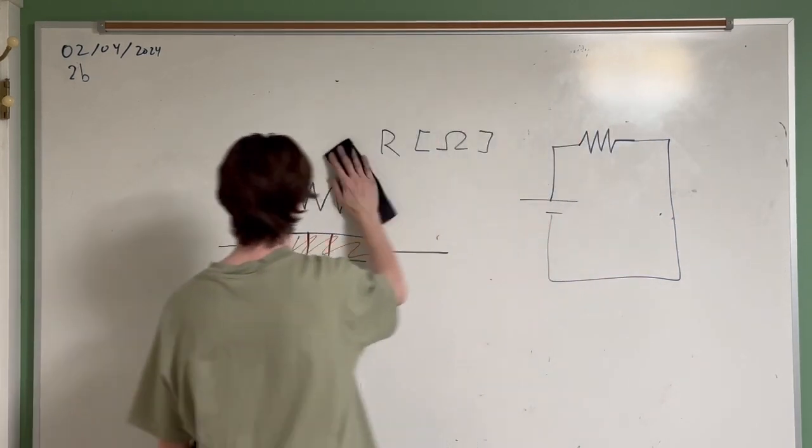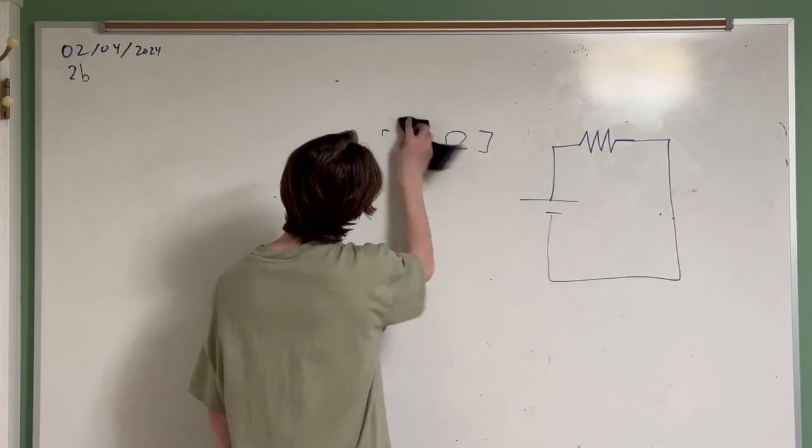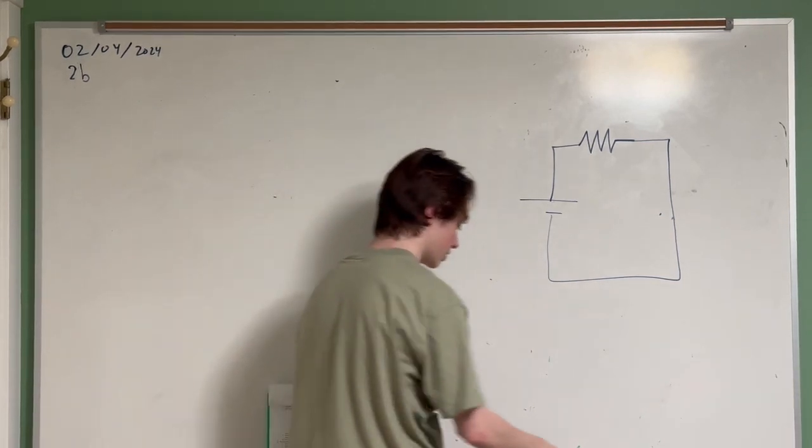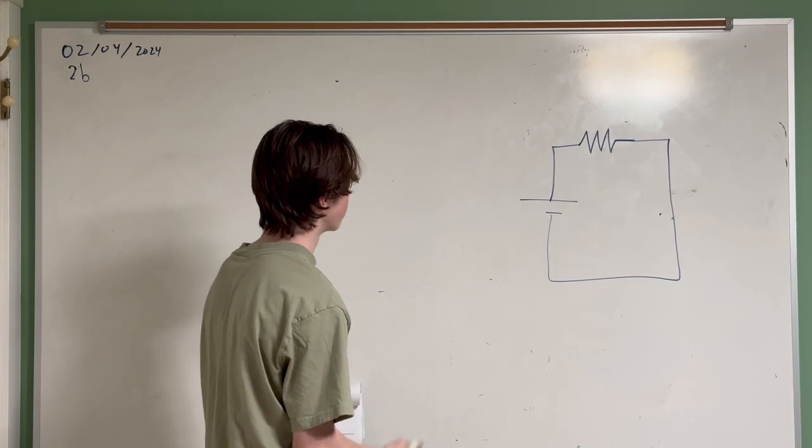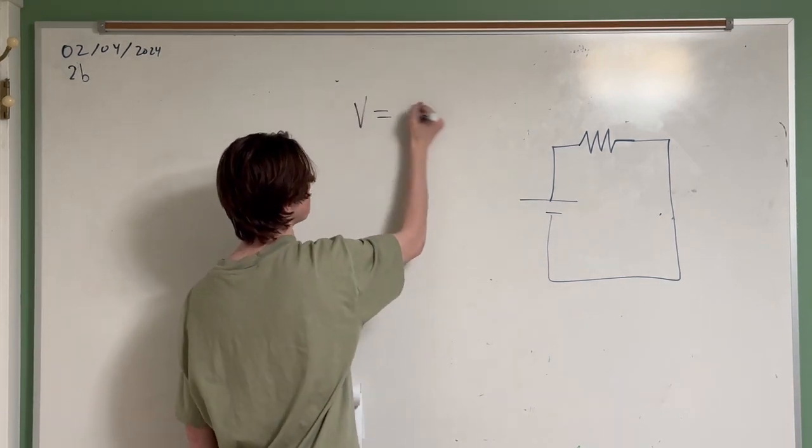Okay, so Ohm's law. The relationship between the amount of current in a circuit and voltage in a circuit is V equals IR.